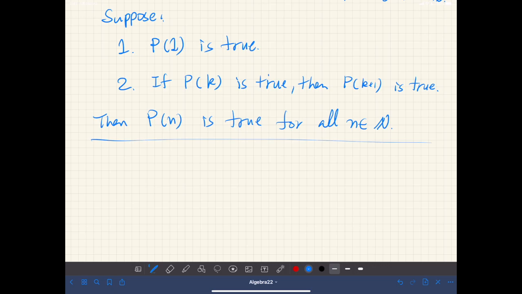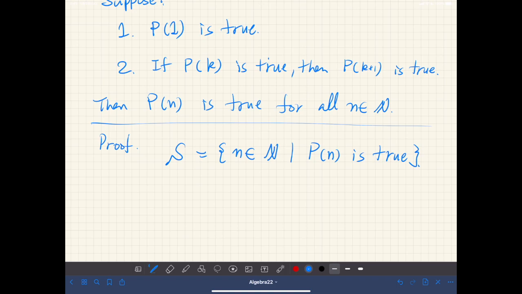Now, here's the proof. First, we define a subset of natural numbers. Let's say S is a subset of natural numbers such that the proposition P of n is true. What we are going to show is that this subset S is actually equal to the set of natural numbers itself.